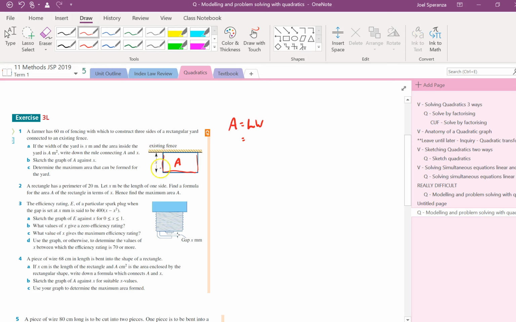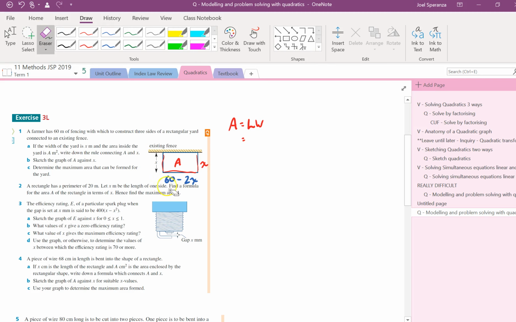Now, in this case, we know that the width is x. So I'll just write x there. Now, let's think about what the length is. If that's x, then this is also x. And if that's x and that's x, this must be 60, because 60 is the total, 60 minus x, which is 60 minus 2x.